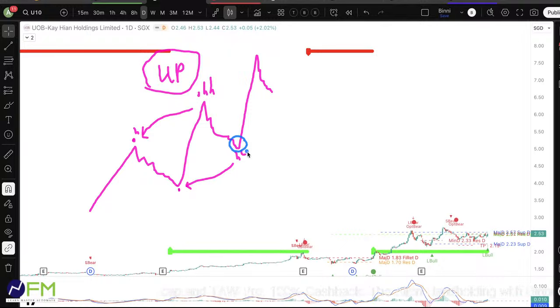Am I right to say that? That means you do want to buy around here, so that you catch the lowest point. I wouldn't say the lowest, but the optimal point before it moved higher. That means that you don't want to be stuck here, you don't want to be stuck here, right? All these are things that you do not want.